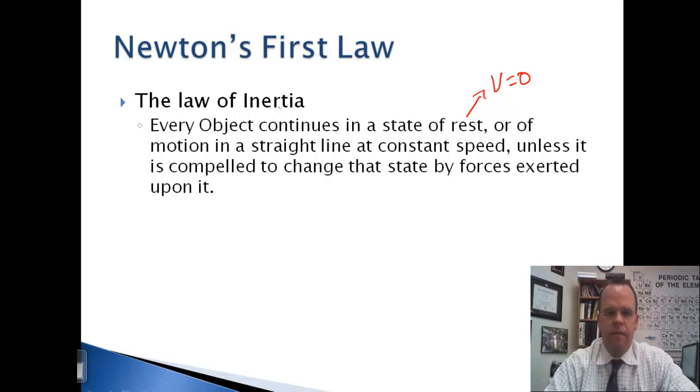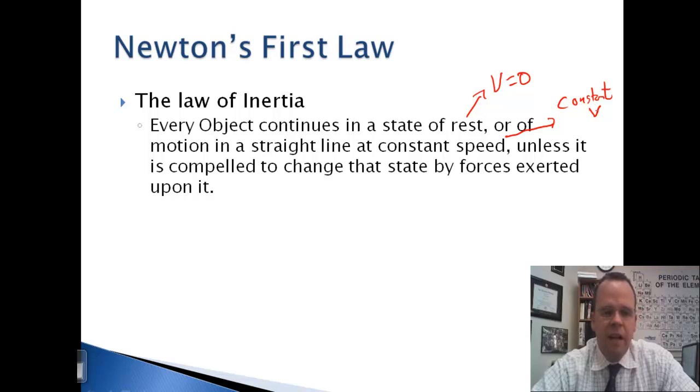So we can think of that as a large way of describing constant velocity, unless it is compelled to change that state by a force being exerted on it. So if there is a total force, a net force on the object, it will change its velocity. Otherwise, it will stay at a constant velocity.